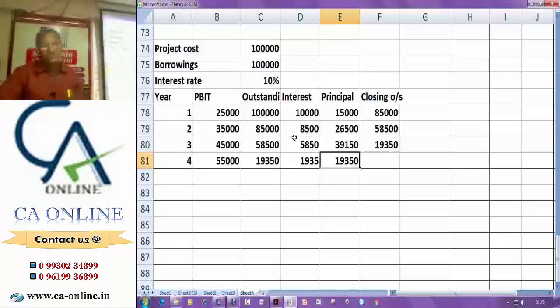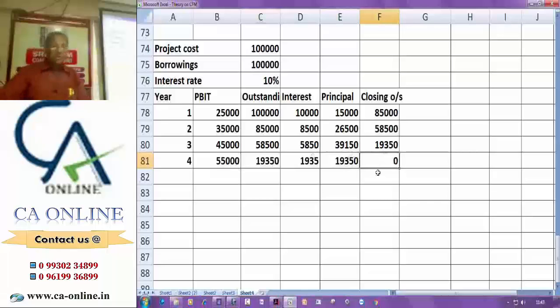Exciting numbers. So the lender will be very happy if he is getting 53,065. Why have I restricted this to 19,350? Because that much only outstanding was there. So what you have to do is, the outstanding amount or my income, whichever is lower, 19,350. What should be closing outstanding?